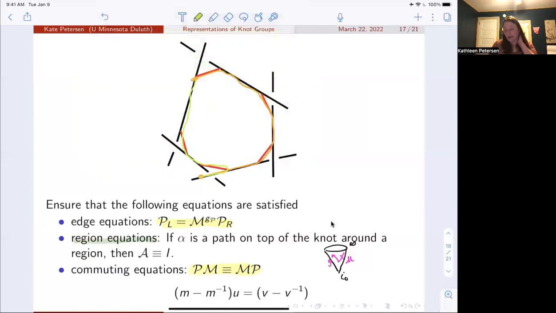Either one of those would end up at the same edge of my diagram, and my representation better not depend on my choice. So another way to say that is, instead of saying that these two paths should be the same, it's equivalent to saying that any peripheral crossing path that goes around a region like this, right? There's nothing in between here, so it's homotopically trivial. So the matrix I get better be the identity matrix.